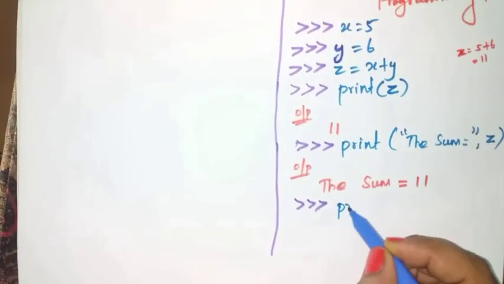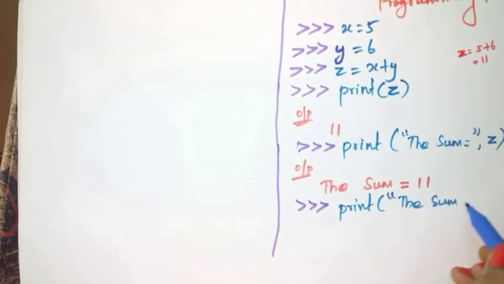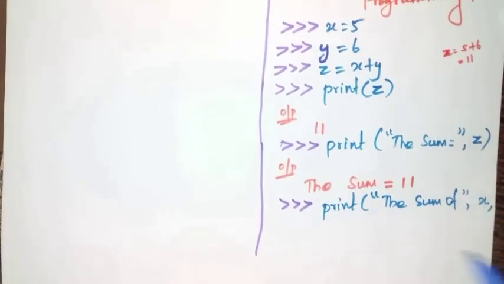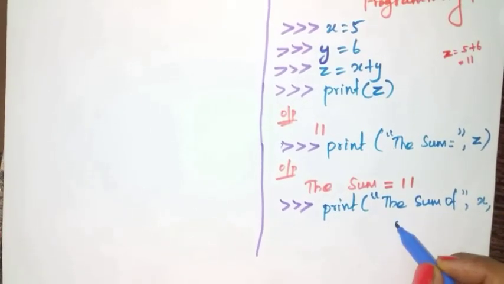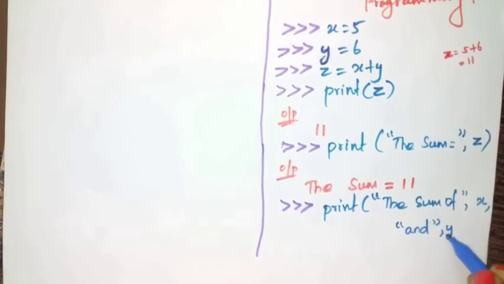Next write print the sum of, double quotes closing here, and write x, next comma, and again double quotes, and here closing y.